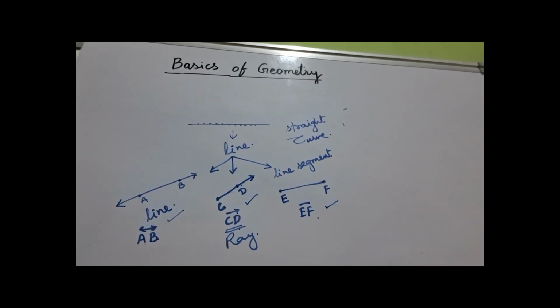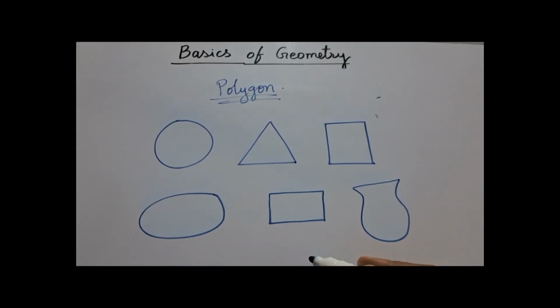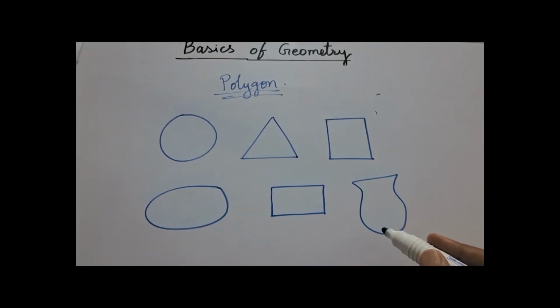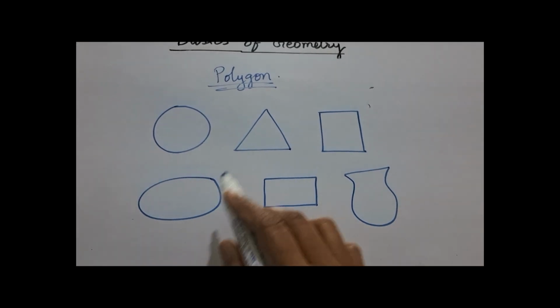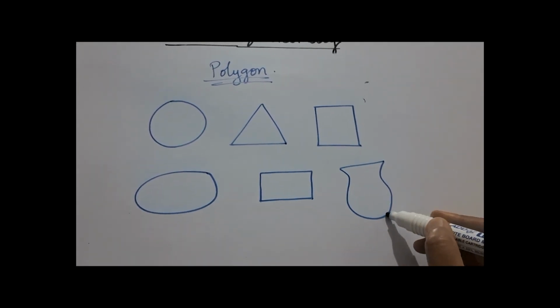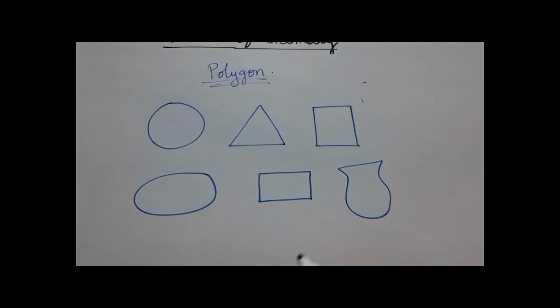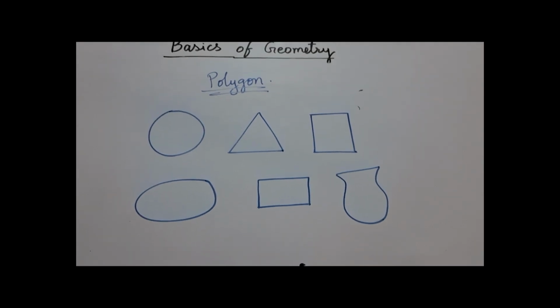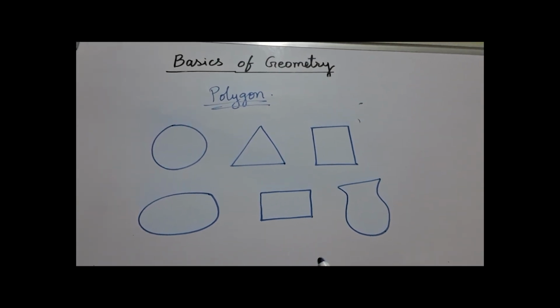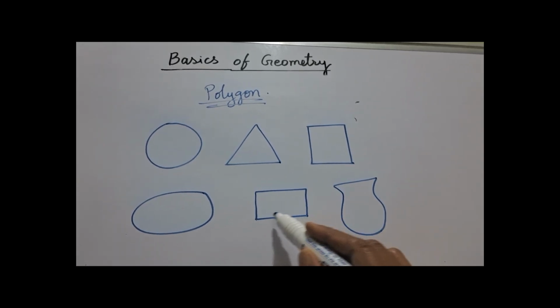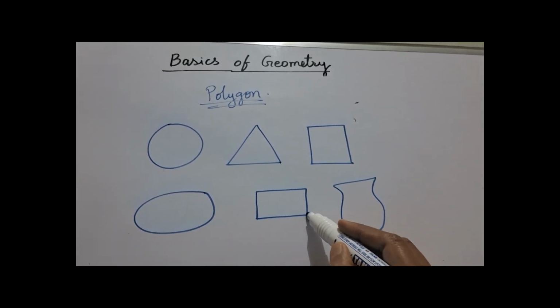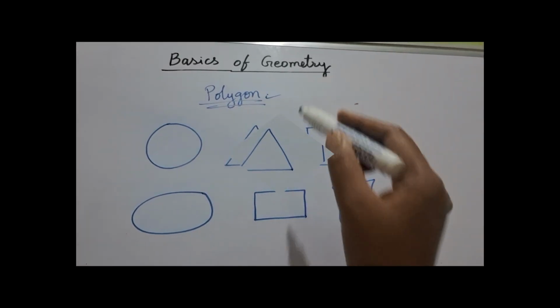Okay, children. Now, these are simple closed curves, isn't it? Now, the simple closed curves which are made by only line segments, those are called polygons.